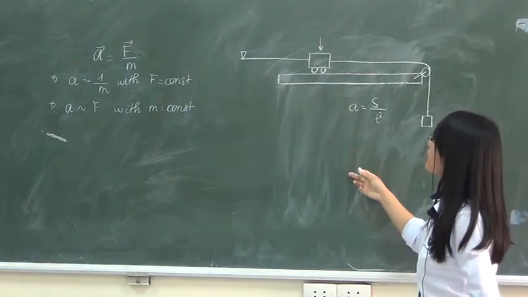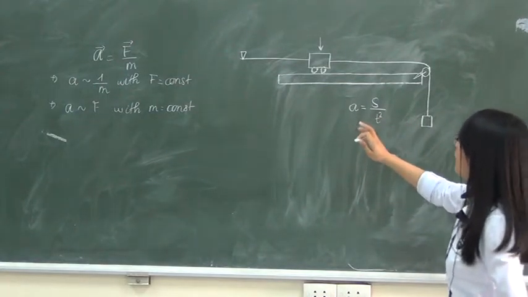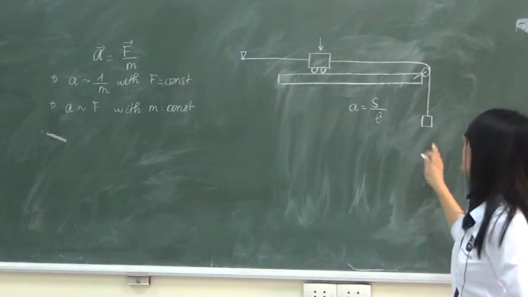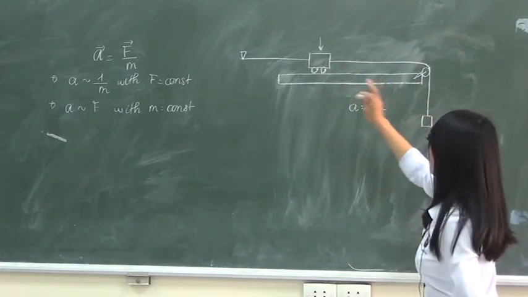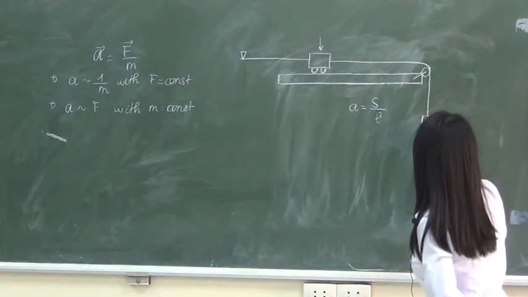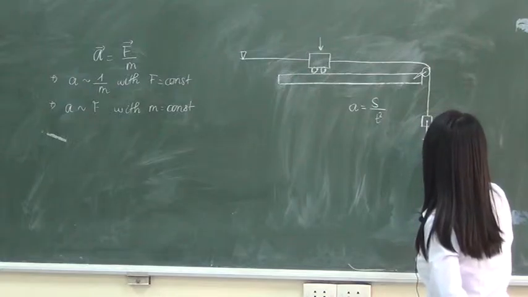In this situation, the system includes the cord, the string, and the falling object, and the force acting on the cord. And the force here is gravitational force.